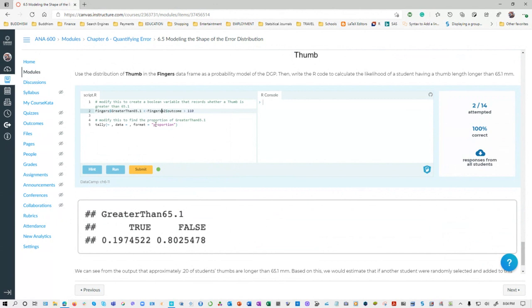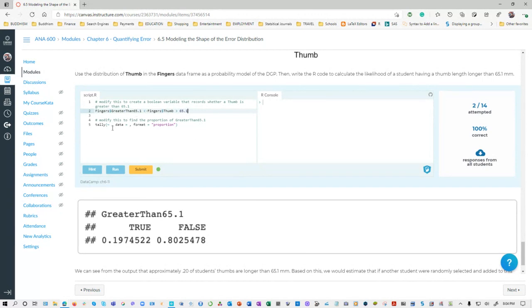And in the fingers, we were talking about thumb. Here they were asking about 65.1, and it has been assigned to this variable.